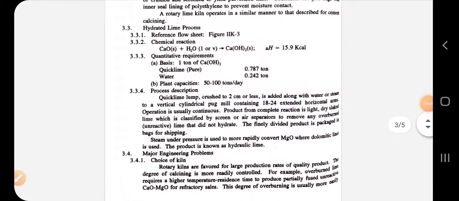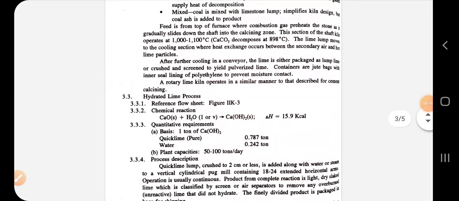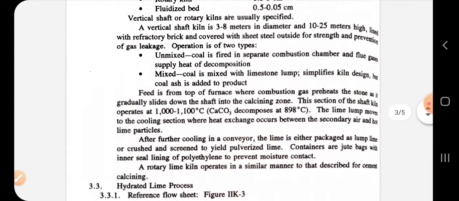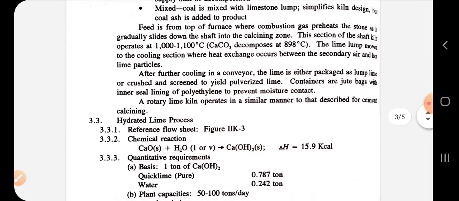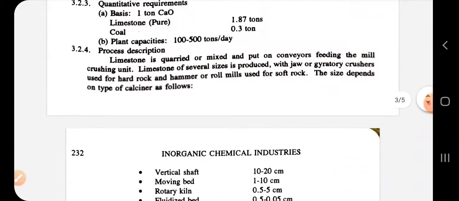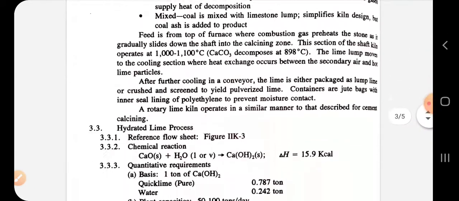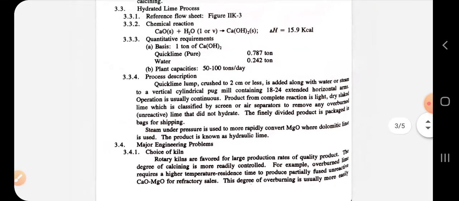Now, as we can see in this process description, the hydrated lime process and this quicklime process are both described in a single flow sheet.